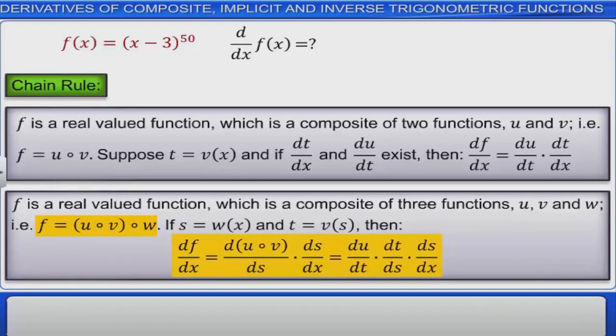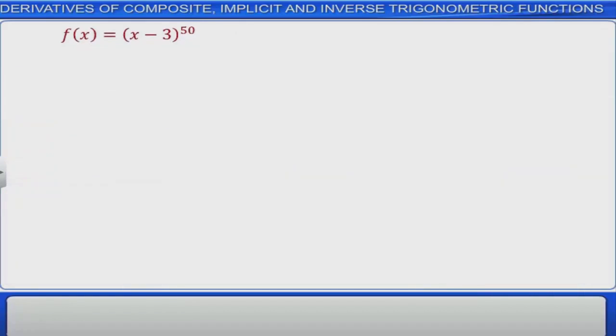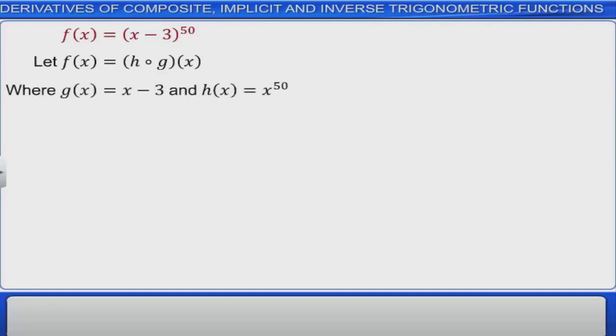Now, let's apply the chain rule to differentiate f of x is equal to x minus 3 whole raised to the power 50 with respect to x. Clearly, function f is a composite function. Let's define the function as h circle g of x, where g of x is equal to x minus 3 and h of x is equal to x raised to the power 50. Suppose t is equal to x minus 3. This implies that f of x is equal to h of t, which is equal to t raised to the power 50.